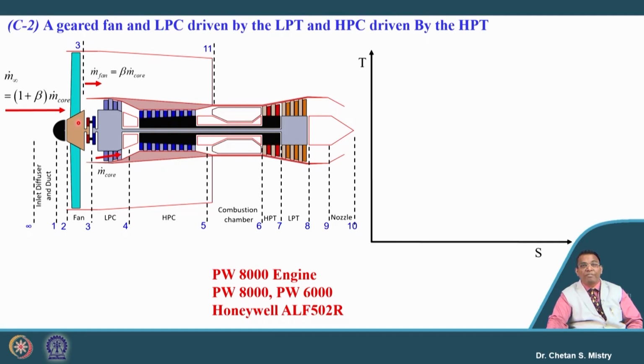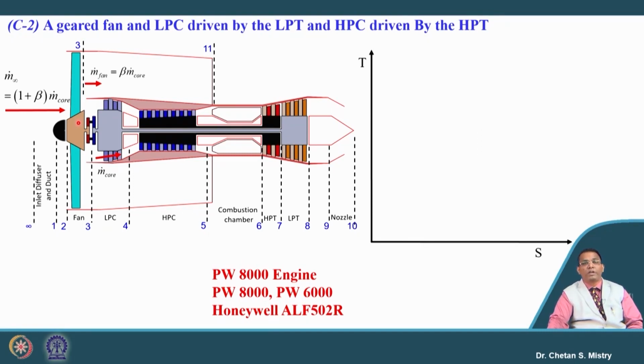Now, if we move towards this kind of configuration, it reduces length, weight and number of components, the benefits we have discussed, but at the same time it puts a lot of challenges in terms of design.